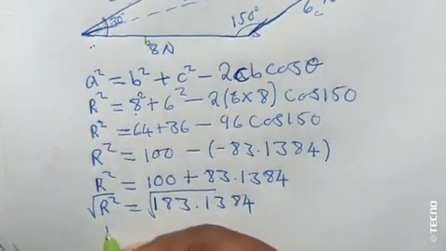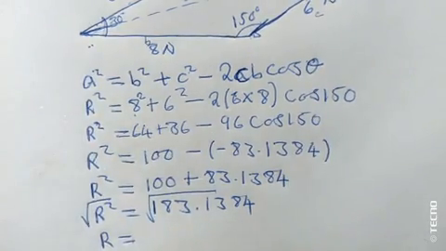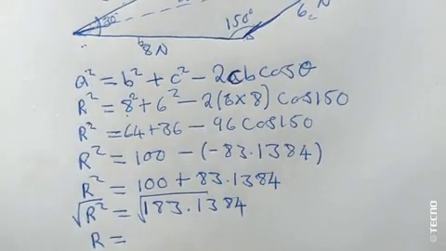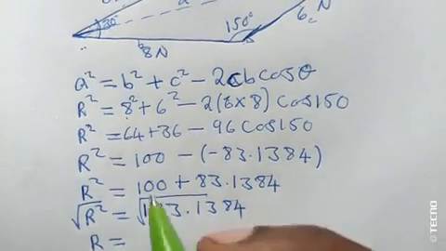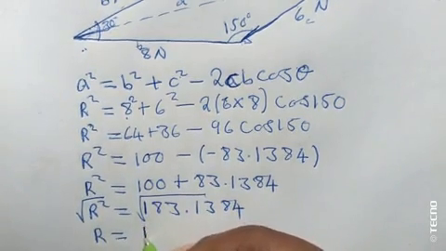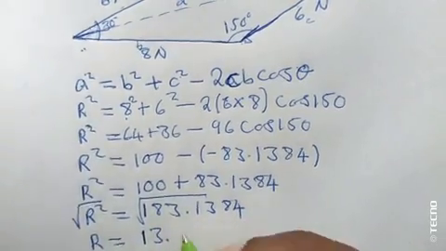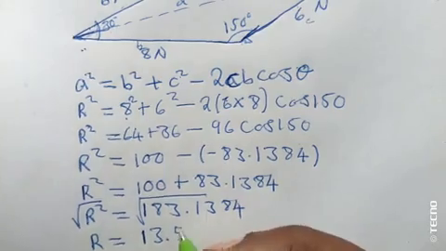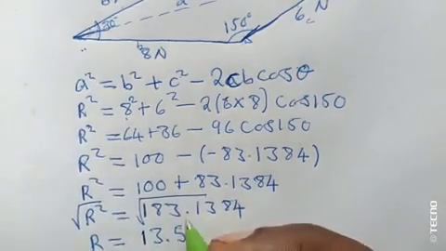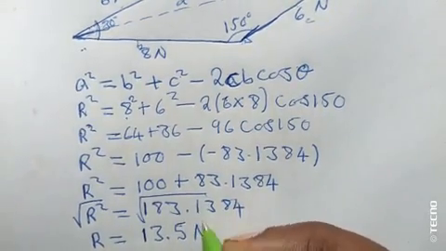So your r is going to be, according to this calculator that I have here, once I multiply this, the value that I'm getting is 13.5 Newton. So I'll just say Newton.